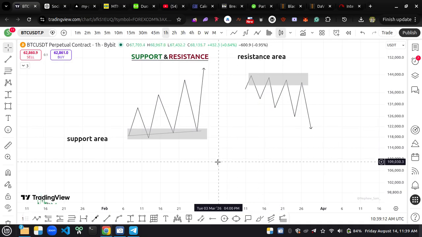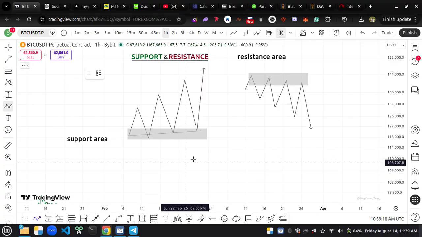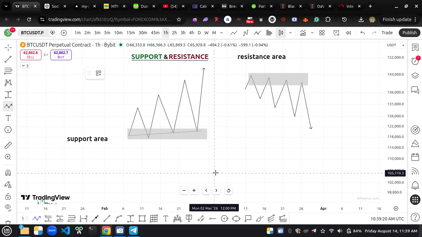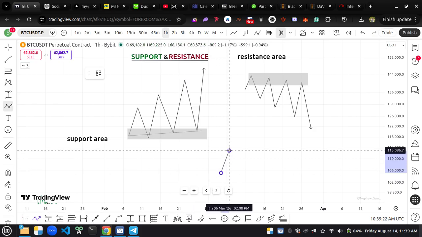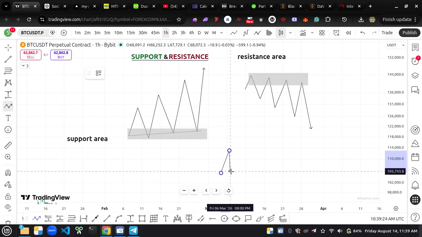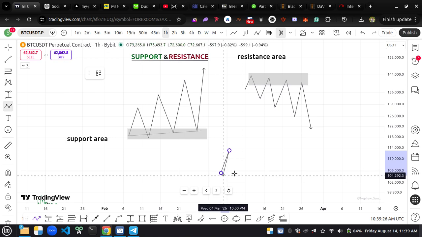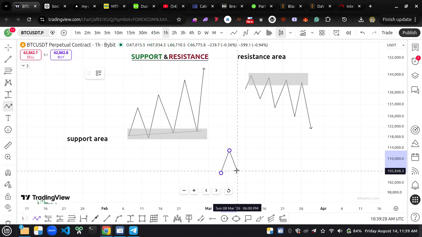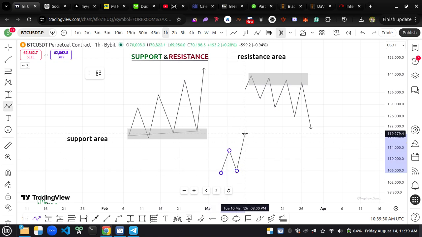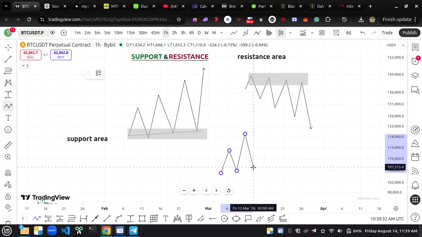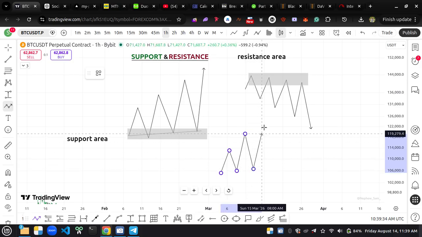A breakout. And this is what a breakout looks like. On the support level, you know what support is already. On a support level, a breakout is usually like this. The market is going to the upside, comes back to that point. It doesn't necessarily have to be at that line, but in just that area, that zone, comes back to that area, pushes to the upside, comes back to that area as well, pushes to the upside again.